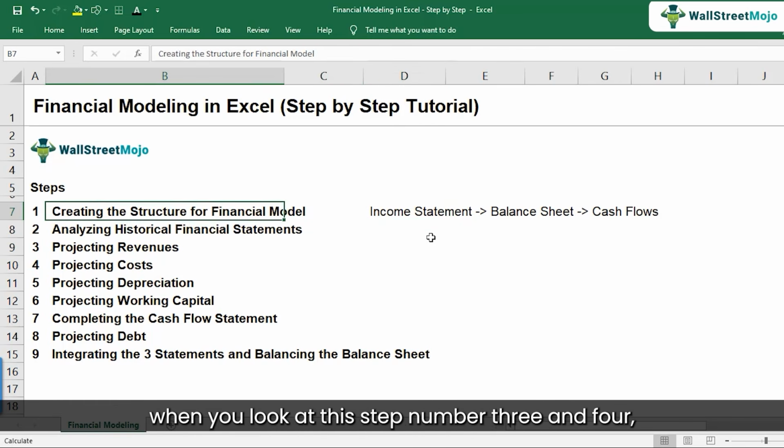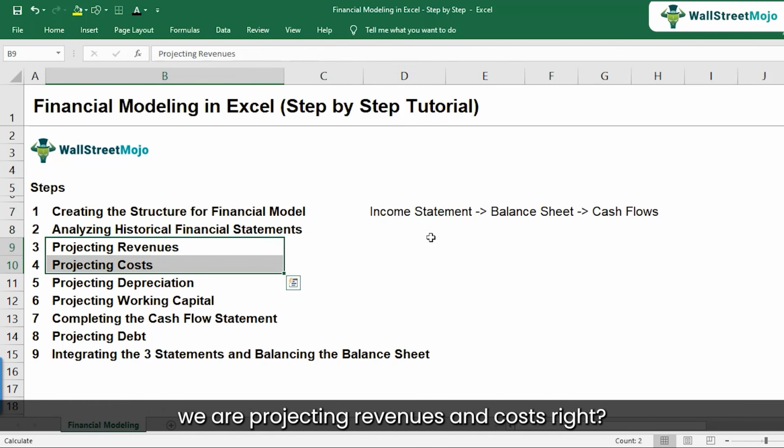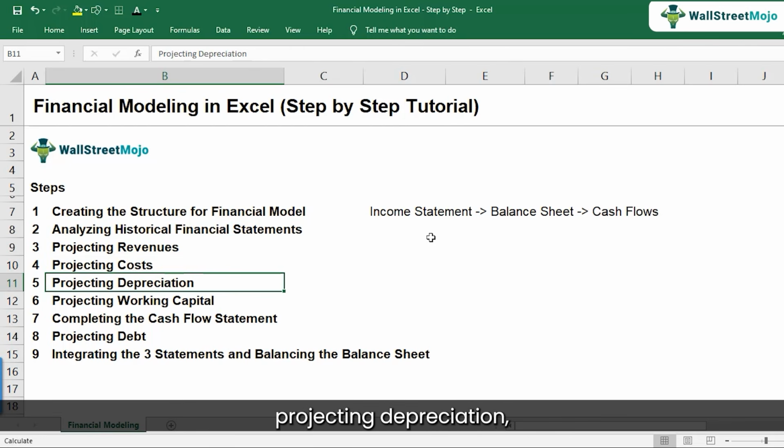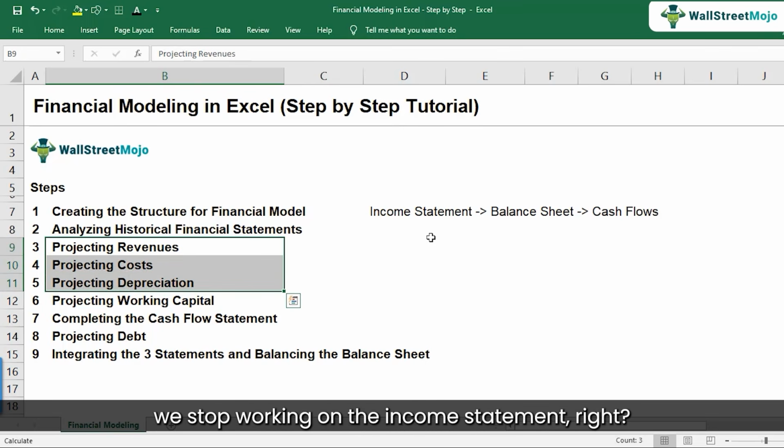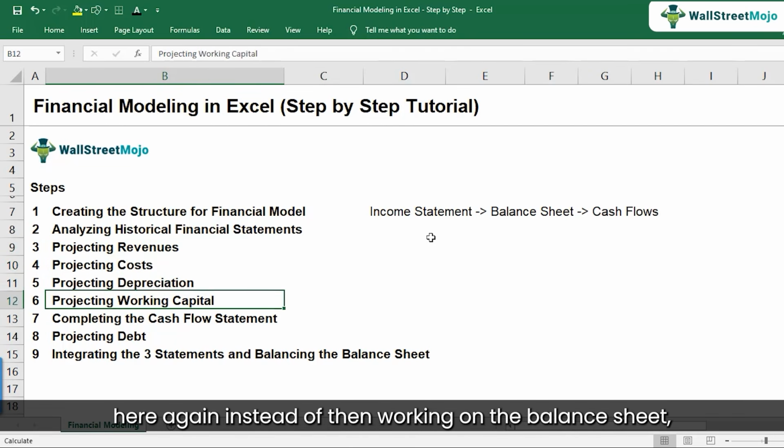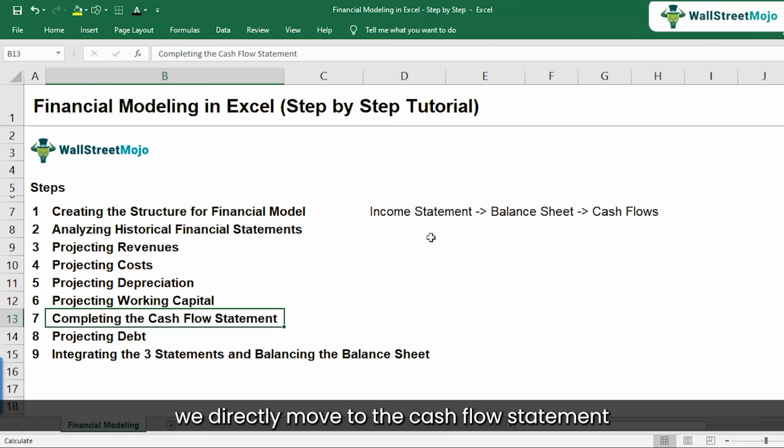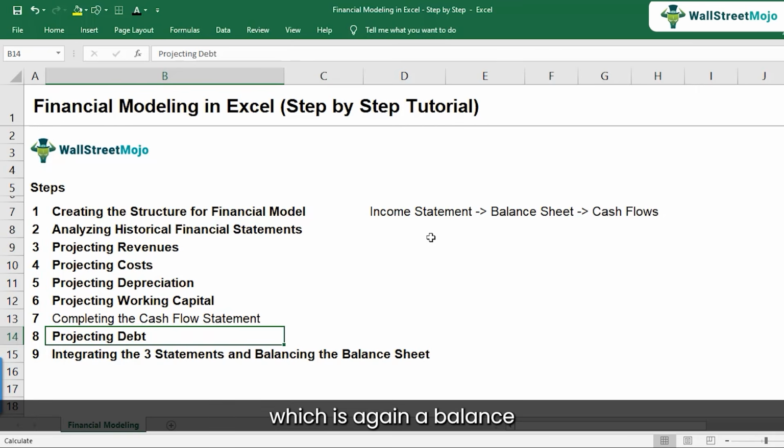For example, when you look at steps number 3 and 4, we are projecting revenues and costs, and then we are also projecting depreciation, which is leading to some of the items in the balance sheet. This is where we stop working on the income statement, and then we move directly to the working capital. Here again, instead of working on the balance sheet, we directly move to the cash flow statement, as you can see here. And then finally, we come to debt, which is again a balance sheet item.